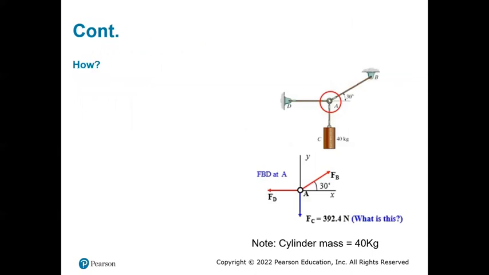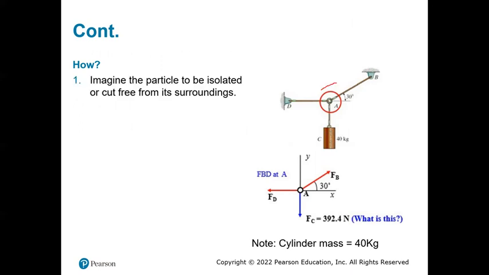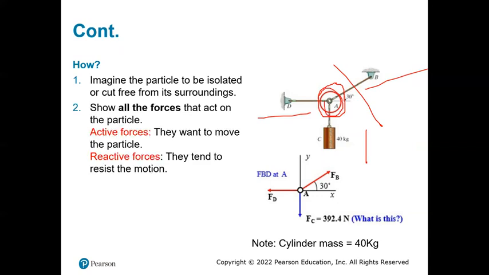Let's see how we do that. First, imagine you're going to isolate the particle and separate it. So imagine this A on its own. Then you're going to show all the forces acting. First are going to be the active forces, the forces that we have.